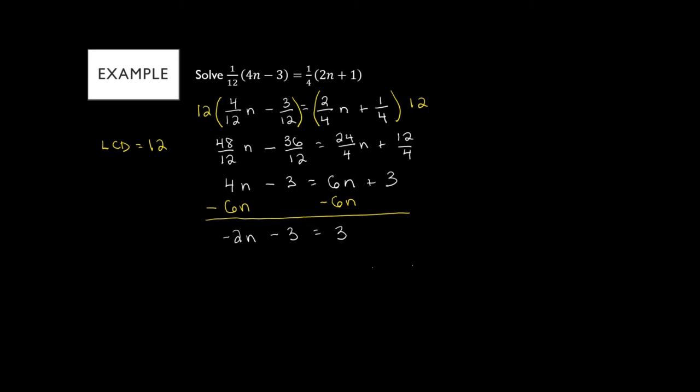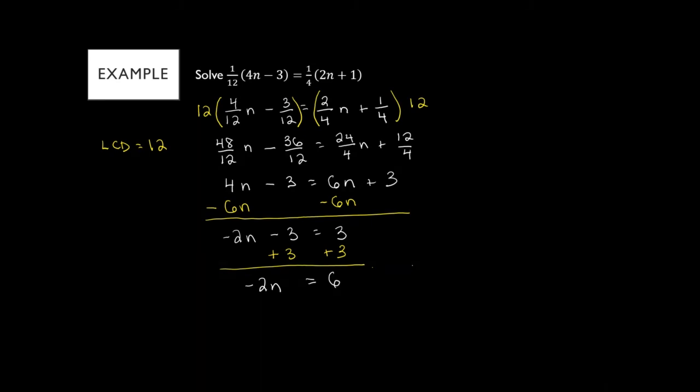Now I'm going to move the negative 3 by adding, so I always do the opposite. That leaves me a negative 2n. Negative 3 plus 3 is 0. 3 plus 3 is 6.